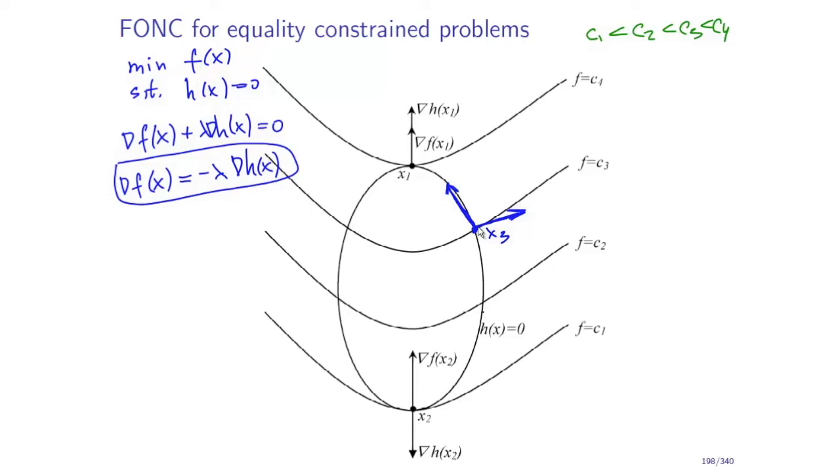Therefore, the point x3 is not a candidate for a local minimizer or a maximizer. And of course, we can easily see that there are points with better objective in the close proximity of this point right here, and there are points with a smaller objective in the close proximity of this point. So obviously the point x3 is not a minimizer or a maximizer for our problem.